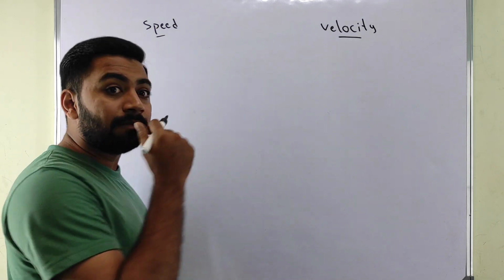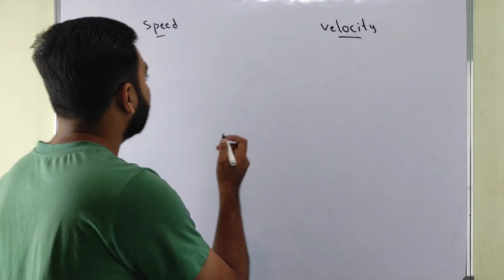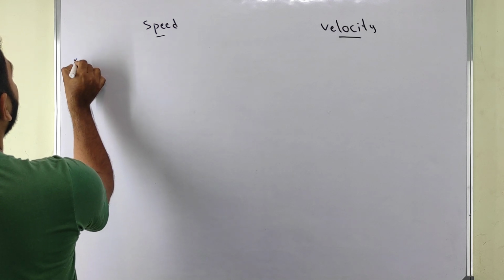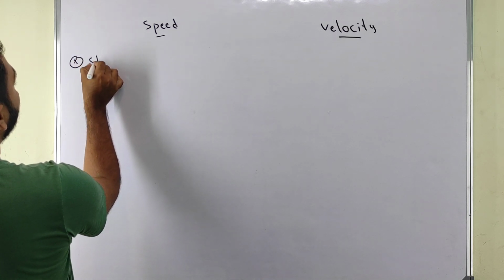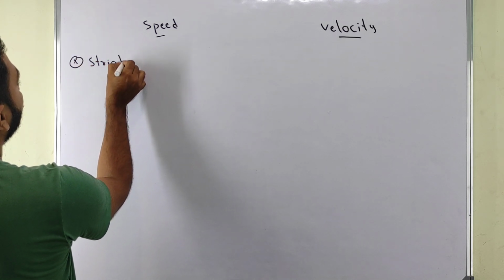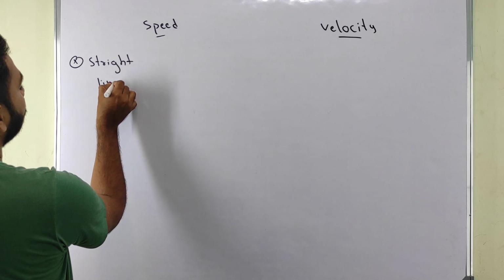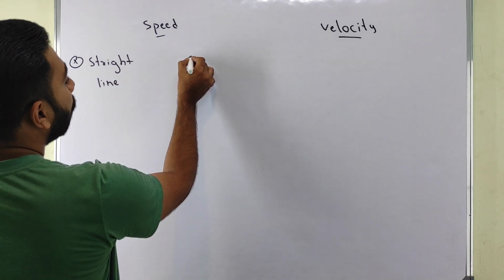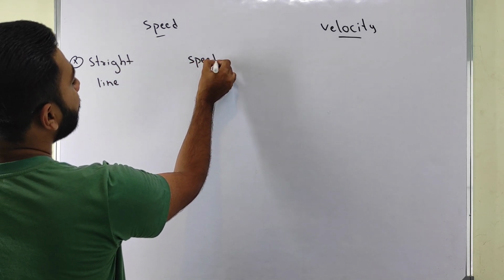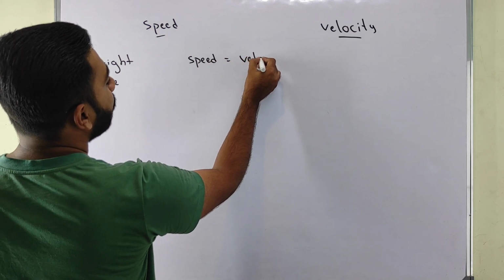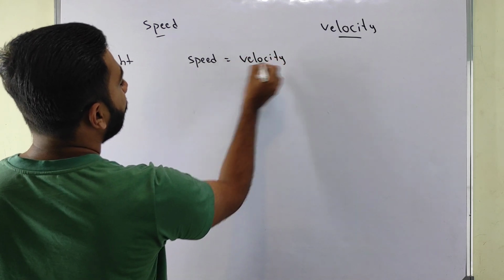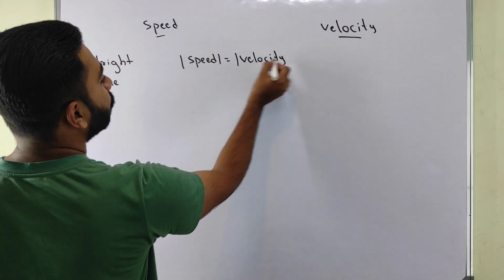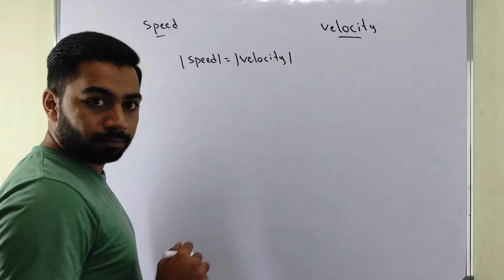But your velocity can be 0. See, if it is straight line motion, then the magnitude of speed will be equal to the magnitude of velocity.